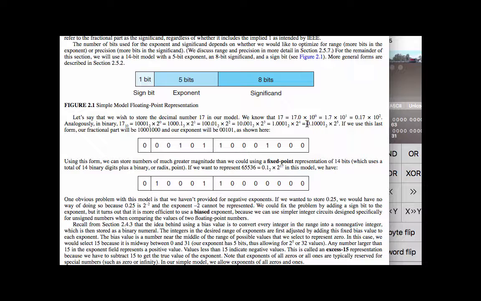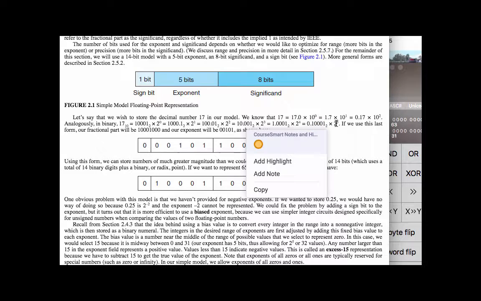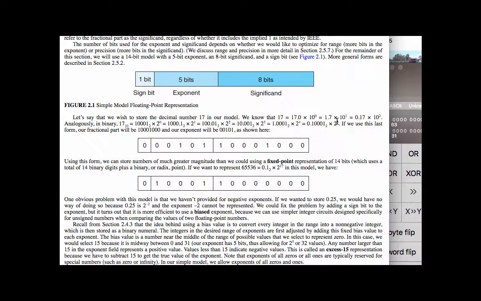So when we do this, this is our significand. Everything to the right of the decimal place is our significand. And this number 5 here is our exponent. So when we store this number inside of a computer, this is how we're going to store it. Let's see what number this is. 2's place, 4's place.